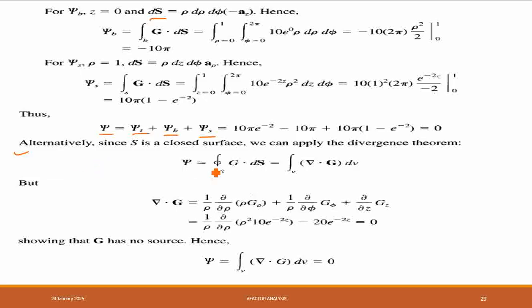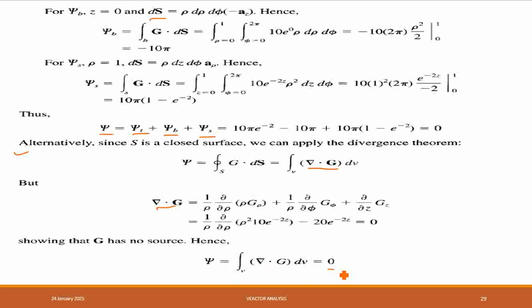But alternatively, we can do it by using the divergence theorem. Since it is a closed surface, we can replace it by divergence. So divergence of G we can write, and here dV over the volume. So directly we have to find out the divergence of G only. Once we get the divergence of G, then we can integrate it, and the result is 0.